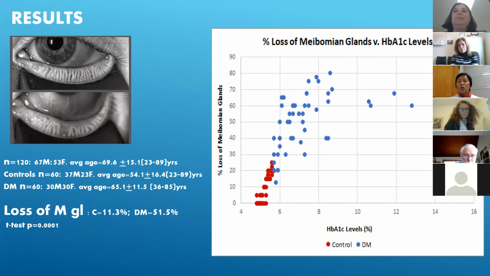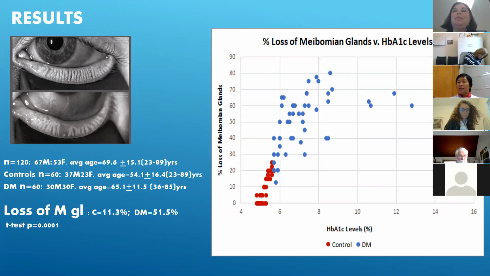The controls were 37 males, 23 females, average age 54.1 years. The diabetics were 30 males, 30 females. The average age was 65.1 years. And the loss of meibomian glands: the controls 11.3%, diabetics 51.5%, by the student t-test.